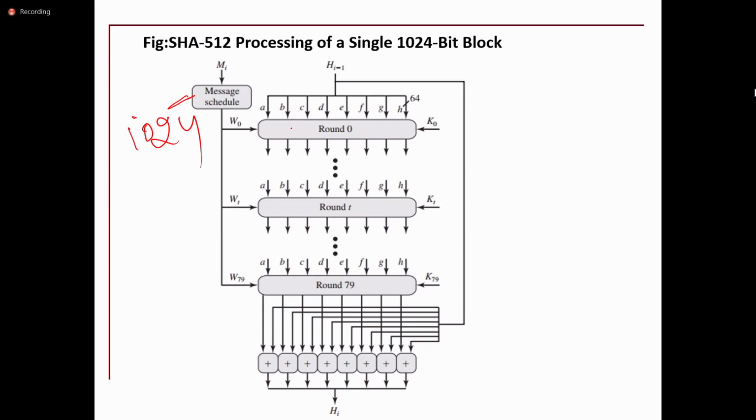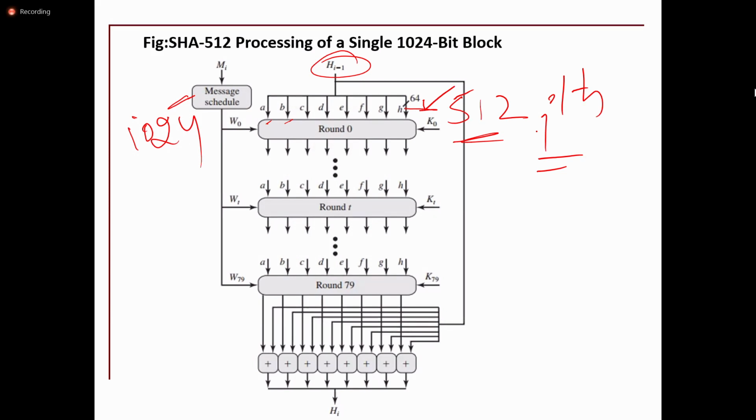Suppose it is the ith round, then H(i-1) is nothing but the output of the previous round, the i minus 1 round. It is going to take the buffer values. The length of each buffer is 64 bits, so the sum of all the buffers is 512 bits. That will be given to round 0.